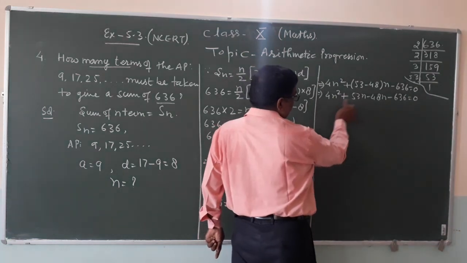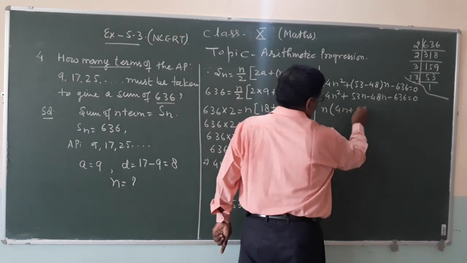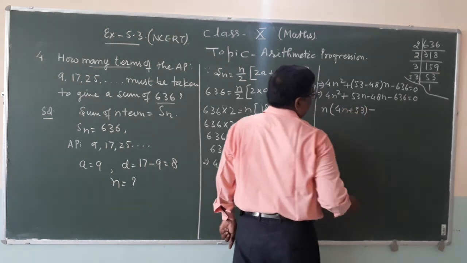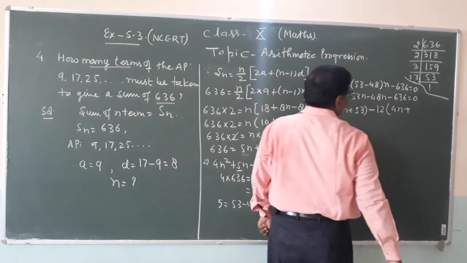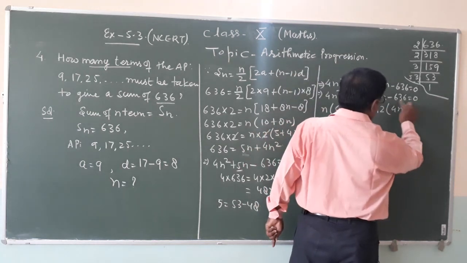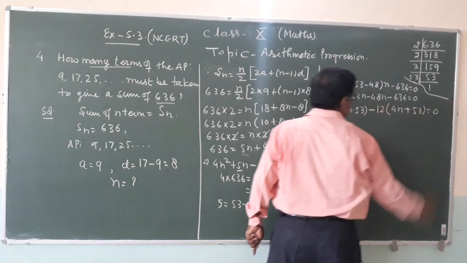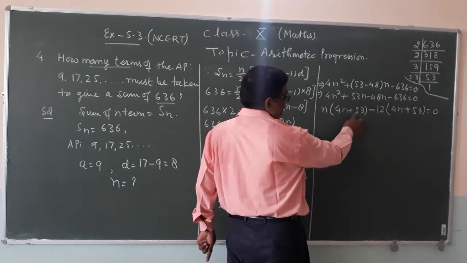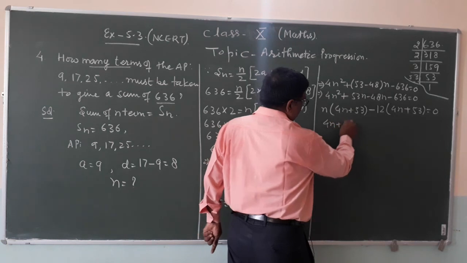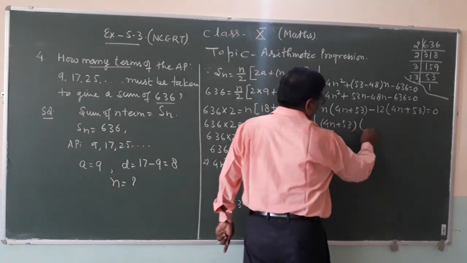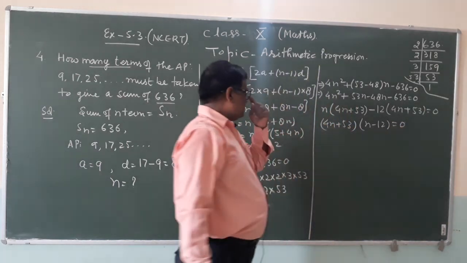Now take n common from the first two terms, and we get n into (4n plus 53), and from the other two take 12 common: 12 into (4n plus 53). So the common factor is 4n plus 53, and the other bracket is n minus 12, equal to 0.